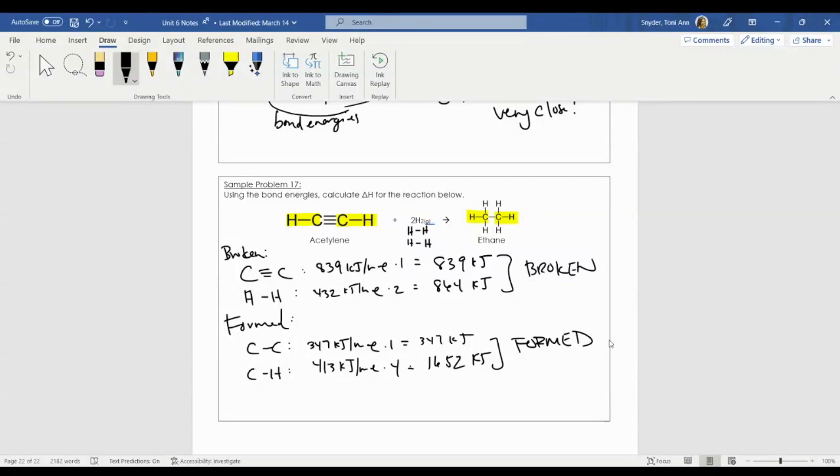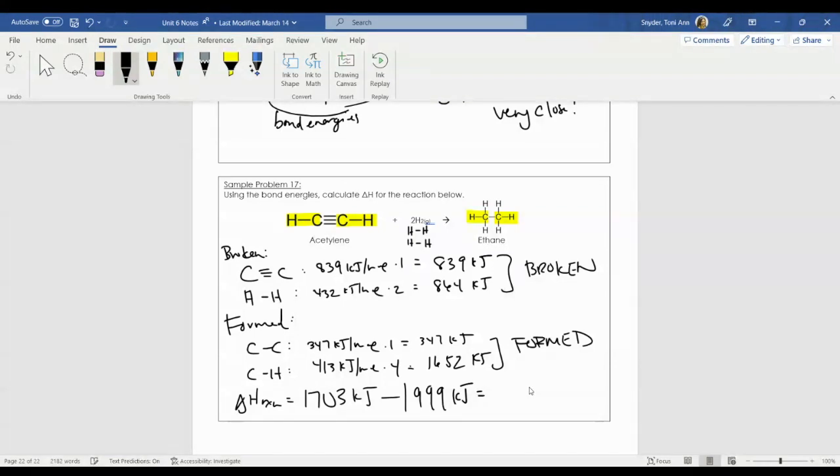In order to calculate the heat of reaction, my heat of reaction is equal to the bonds that are broken. So if I add these together, 839 plus 864 gives me 1703 kilojoules, minus the bonds that are formed. So 347 plus 1652 gives me 1999 kilojoules.